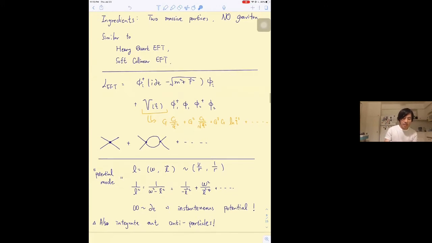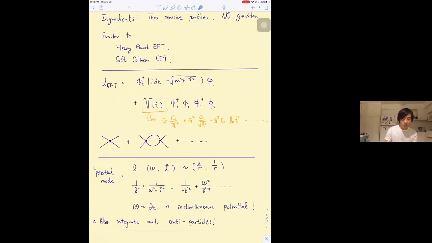But because the energy is smaller than this part, effectively you can expand these propagators to higher and higher order. Once you do that, because the energy is dt in real space, that means the energy transfer, or the time evolution, is instantaneous. So when you do a Fourier transform, these are completely local in time.